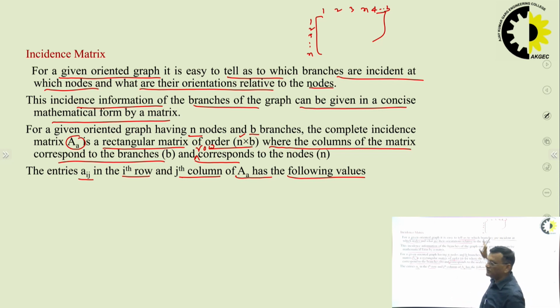So how many branches are there in the oriented graph? Columns represent the number of branches in the graph, and rows represent the number of nodes in the graph.